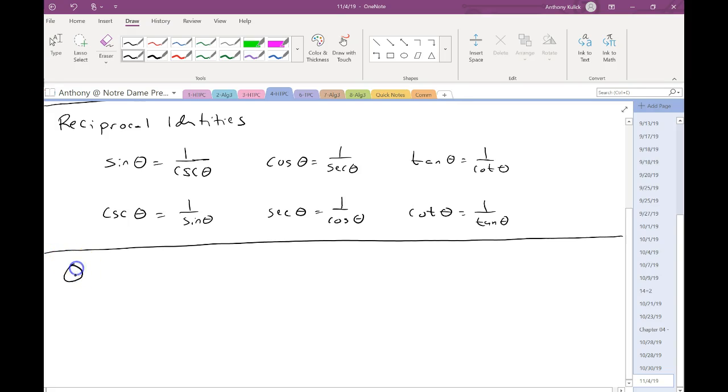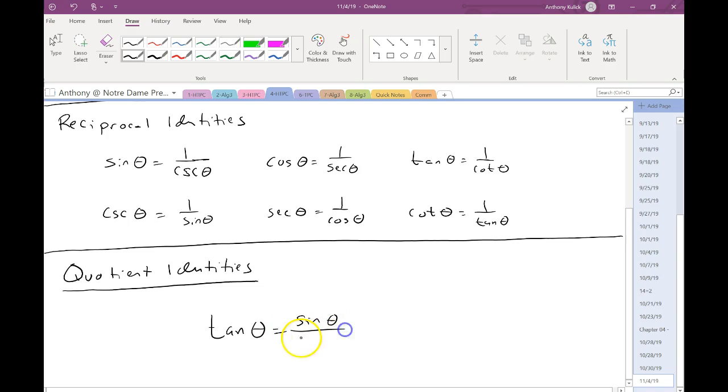The next 2 identities are called the quotient identities. And these 2 are also things that we've talked about expressly. So the first one, that tangent theta is equal to sine theta over cosine theta.